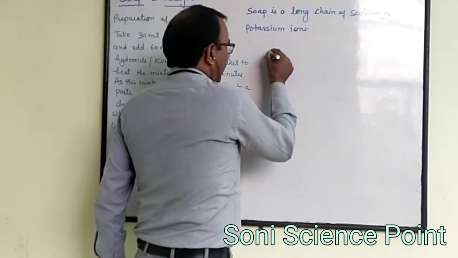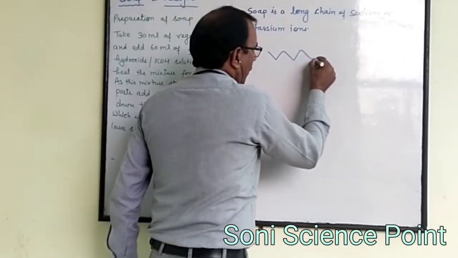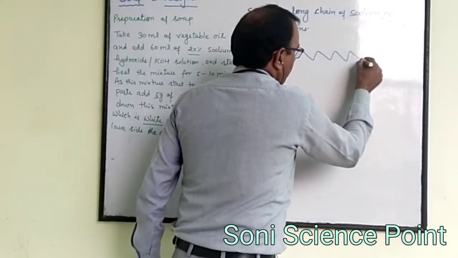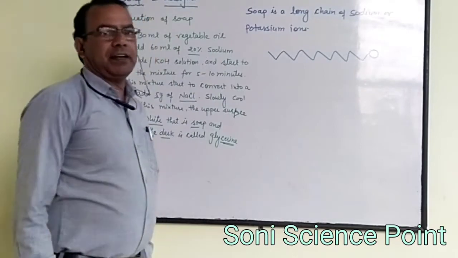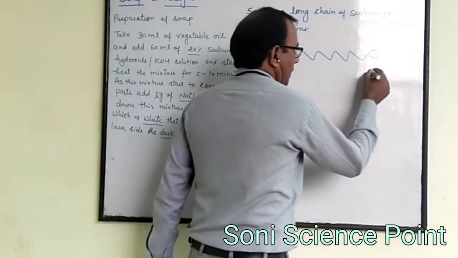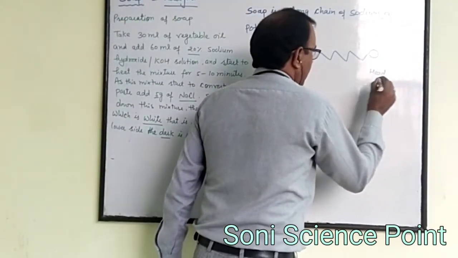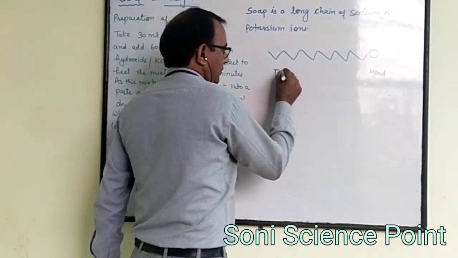A soap has a long chain of carbon compound which has a head and a tail. This is the head and this one is the tail.